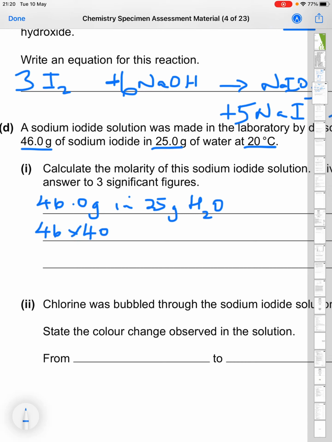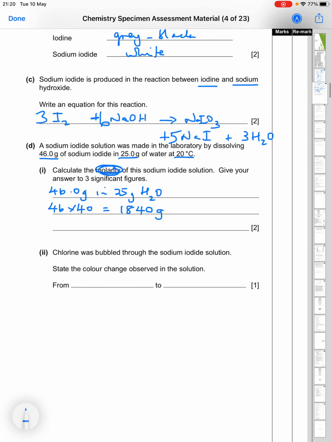So 46, then I'm going to multiply that by 40 to give me the mass that needs to go into 1 dm cubed, because it says molarity and that's per dm cubed. So 46 times 40 is 1,840 grams. 2 marks. Assume 1 for each bit there.